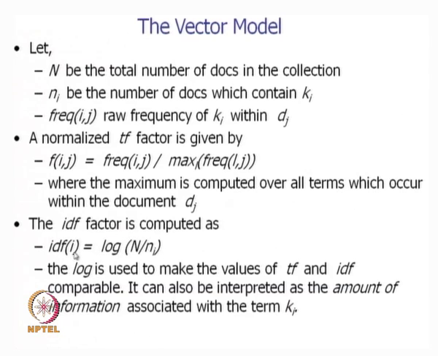Now, you should verify that IDF is indeed a factor which distinguishes one document from another because of a particular keyword ki. In particular, look at the boundary conditions. If ni equal to capital N, that means if a particular keyword appears in all documents, then by virtue of this keyword, we will not be able to distinguish between documents.